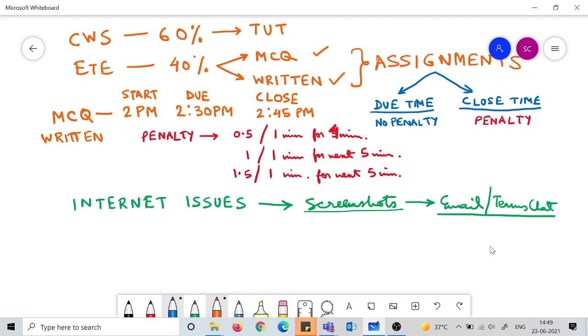Up to 2:31 we will give relaxation because of the submission time. But beyond that we will have penalty marks cut off from your obtained marks. So 0.5 for every minute for the first 5 minutes, then 1 mark for every minute for the next 5 minutes, and then 1.5 marks every minute for the next 5 minutes.